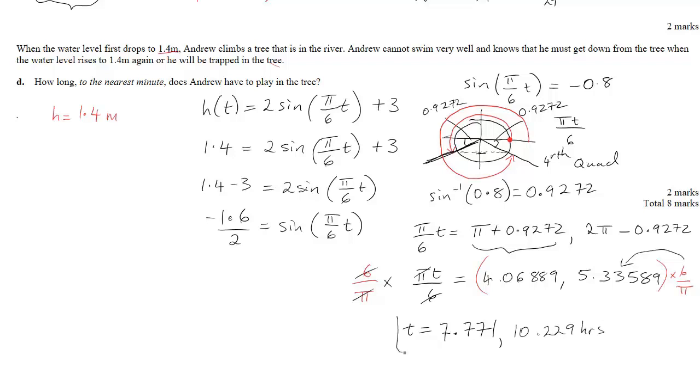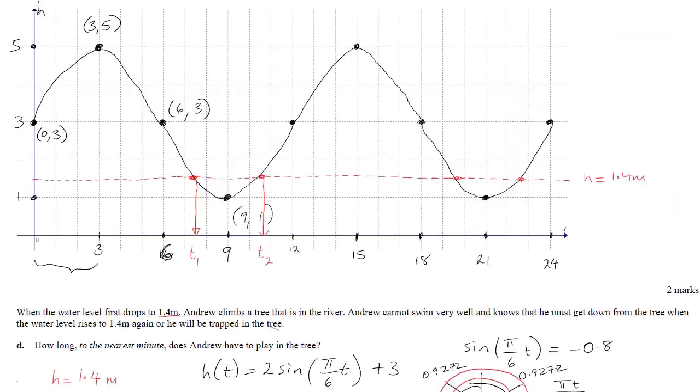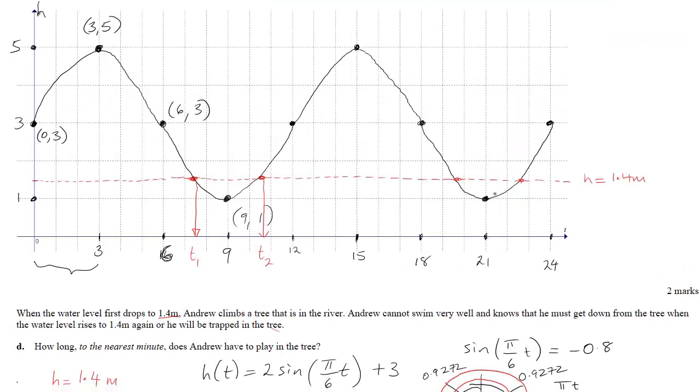Okay, so these are the times. These are both of the times that we identified on our graph a moment ago. The smaller one being time 1, the larger one being time 2. So if we look at our graph here, time 1 indicated here is 7.71, and this is 10.229.